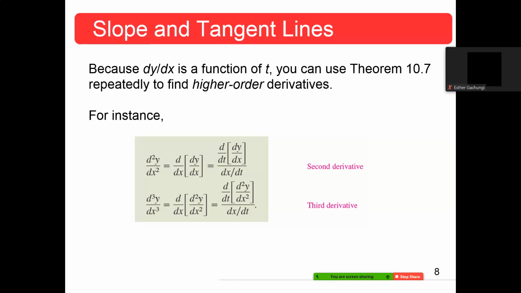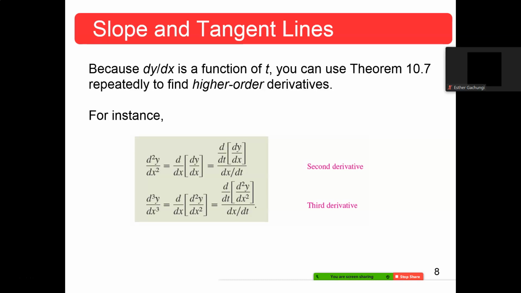For d2y/dx squared, the second derivative of y with respect to x would be d by dx of dy/dx. Well, dy/dx is... oh goodness. It's okay. d of dy/dx with respect to t, over dx with respect to t, dx/dt.